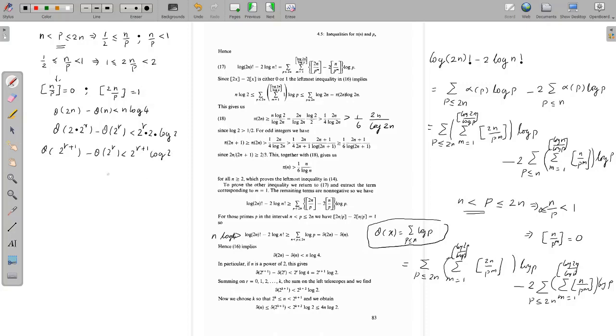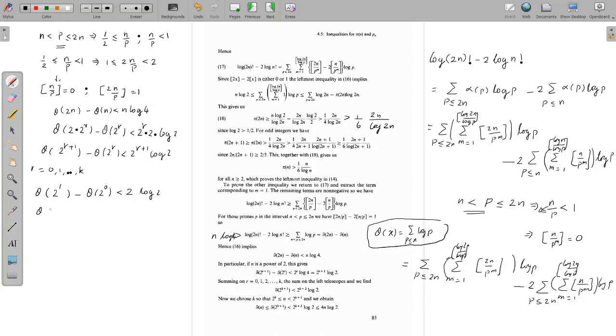Okay, now put r equal to 0, 1, 2, etc., all the way up to k. You will get a number of equations. For r equal to 0, you will get theta of 2 raised to 1 minus theta of 2 raised to 0 less than 2 raised to 1 log 2.